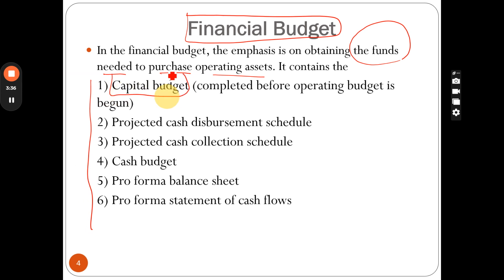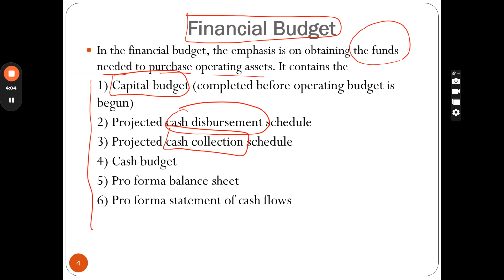You have the capital budget, which is normally prepared before the operating budget begins. Suppose you want to buy new plant and machinery; you have to decide whether to buy it or not. For that we will use the capital budget. Then we will have the projected cash disbursement schedule and the projected cash collection schedule.